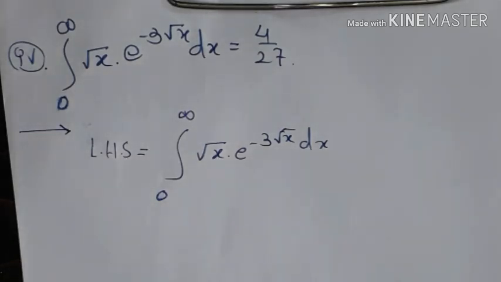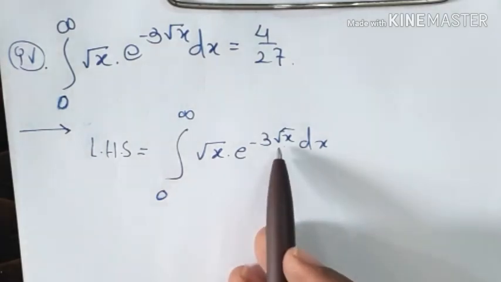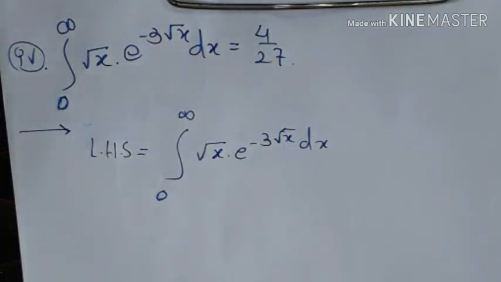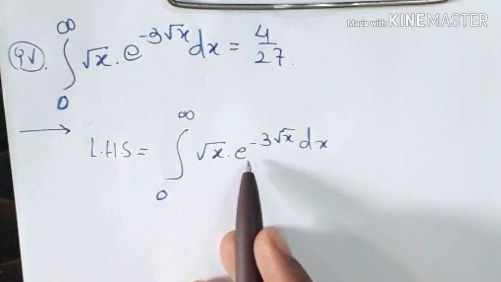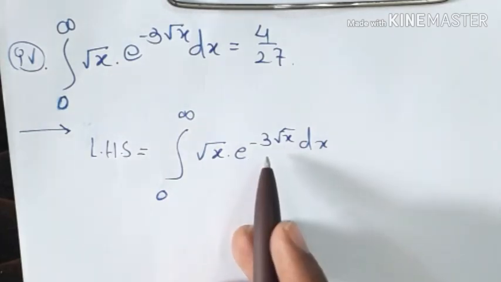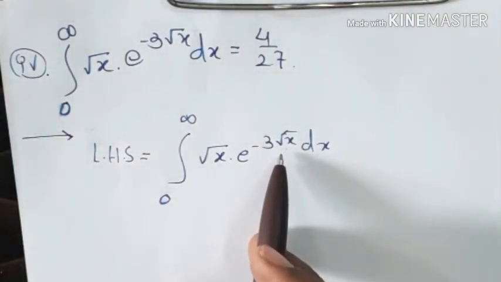Now how do we understand whether we have to put x equal to t, or root x equal to t, or 3 root x equal to t? Whenever this case comes in a problem, whatever comes in the power of e, we have to put that power equal to one variable. Here it is 3 root x.